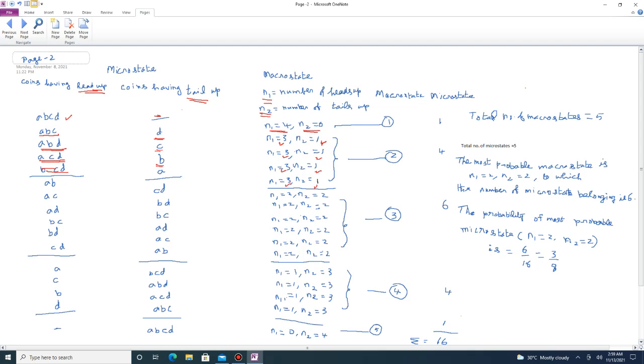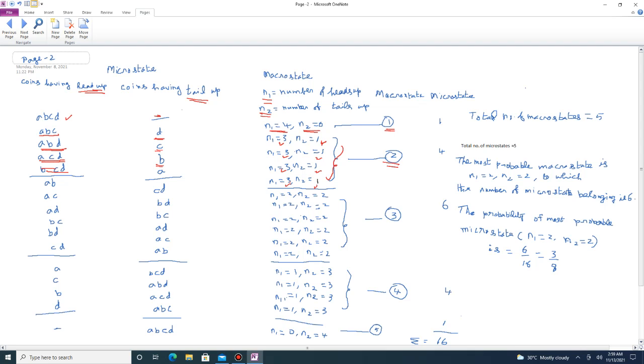So the number of heads up is 3 and the number of tails up is 1 in all the 4 cases. So this is a group, and this is another macrostate. So this is the first macrostate, this is the second macrostate.